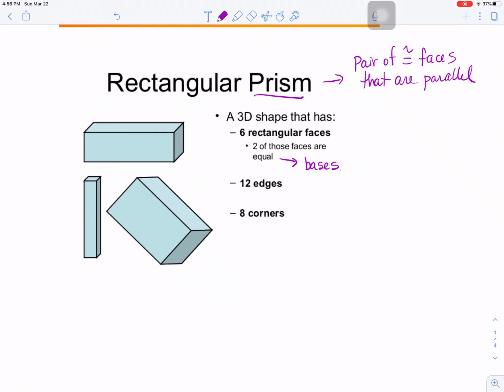Rectangular prisms, it could be any of them, so it's really not interesting, but when we see other prisms, you'll see what I'm talking about. They have 12 edges and 8 corners, just like the cube, because, as many of you know, a cube is a blank blank. You can fill in those blanks.